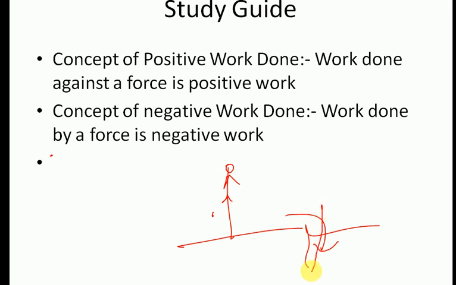But when I throw the ball downward, the acceleration due to gravity does positive work, but my work done, the force I applied, will be negative work done, because the work is done by the force. When I am throwing to the upper section, there is work done against a force. Whenever the work done is against a force, it will be positive work done.